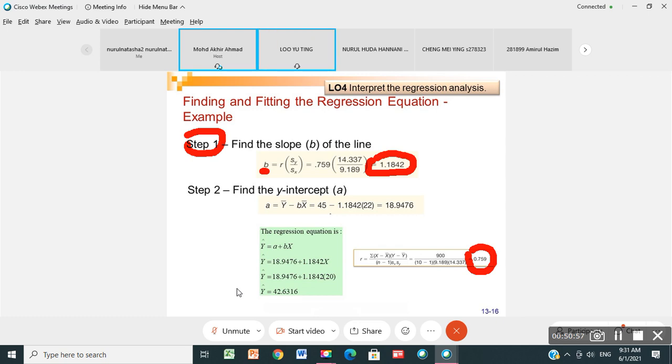Try this one, 14.377 divided by 1.989 times 0.759. Will we get the value?